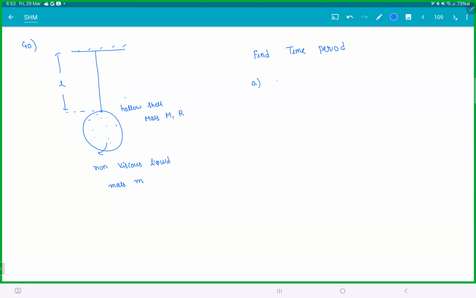Case 1, when it is water, when it is in liquid state. Case 2, when it is frozen to ice. You freeze the whole thing and then inside became an ice ball. I hope you remember. Where did we do this? In rotation. Remember? Ball rolling from the top. Get it?